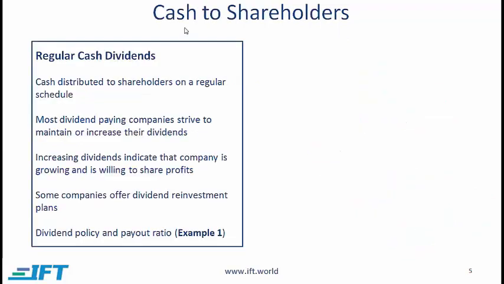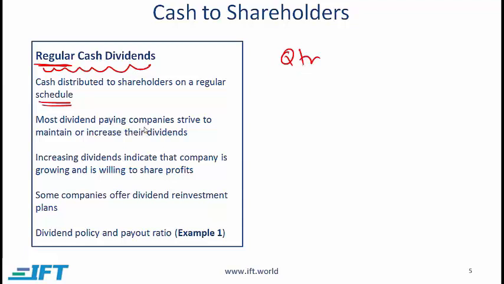Let's first talk about the category where the shareholders get cash. And in that category, the major one is regular cash dividends. Here, cash is distributed to shareholders on a regular schedule. When we talk about regular over here, we are talking about a schedule. A company might pay a dividend every quarter or twice a year or annually.